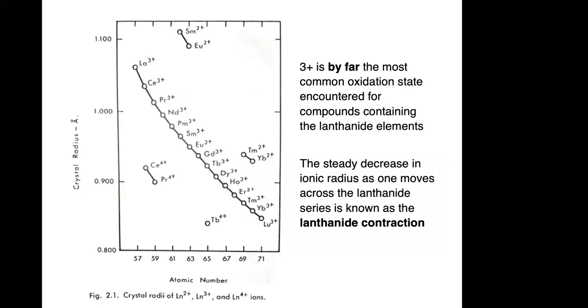And this steady decrease in ionic radius is known as the lanthanide contraction. But it's really just the same as our usual periodic trend in moving from left to right. It's just that here we have this very nice series of maintaining a common 3+ oxidation state as we do so.